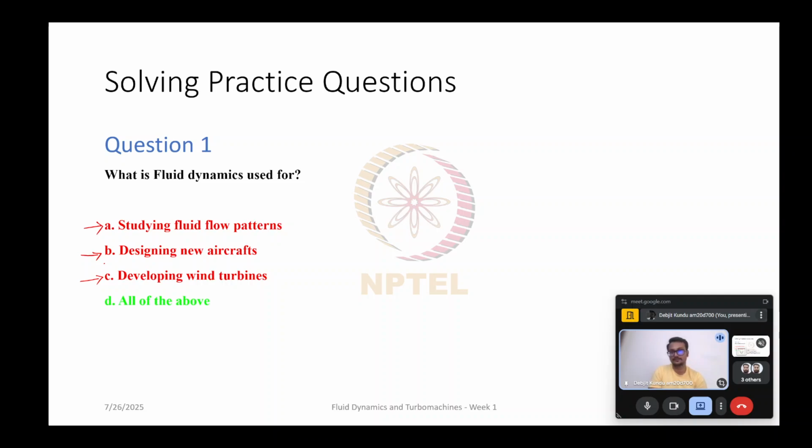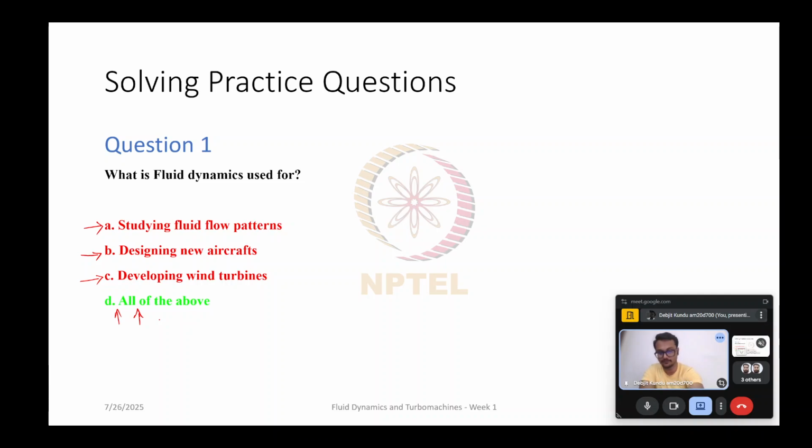So for all of these cases and many more, the knowledge and understanding of fluid dynamics is important. So the correct option for this question would be option D, all of the above. It's a simple one to get us warmed up and get started. If you have any questions, you can ask. If not, we will keep rolling.